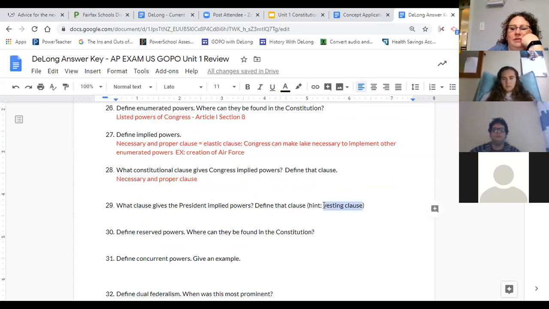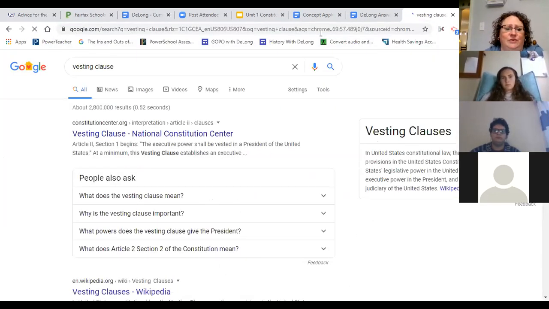So this is a term we don't ever use. I've never used the term vesting clause. It's that idea that he has power and it's kind of vague. This is where we get the ideas of executive orders and things like that. In the oath of office that he takes, the power is, like when a priest marries people, what does he say?